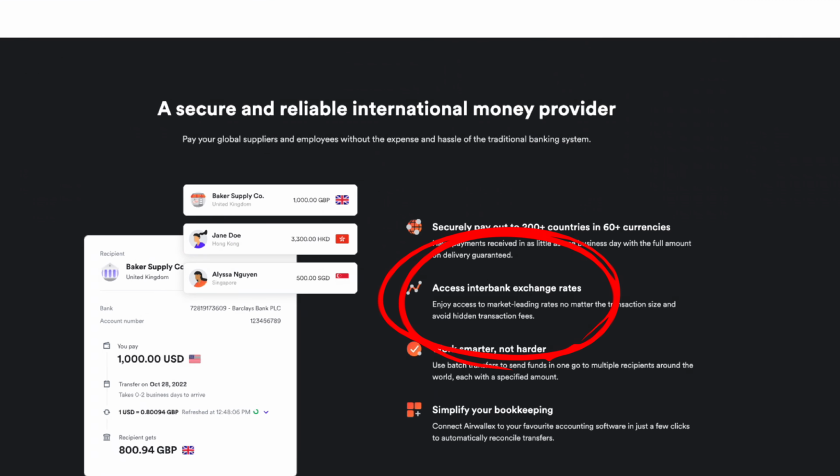So regardless of the transaction size, even when you do need to convert funds, you can still make pretty substantial savings. And obviously, if you've got a supplier in the UK, like I had a local 3PL warehouse, for example, you can keep some funds in GBP, Great British Pounds, and use it to pay those UK suppliers directly. Again, you're doing no currency conversions.